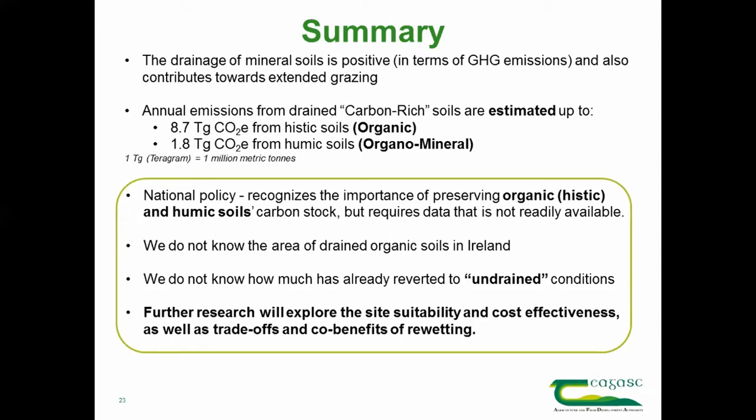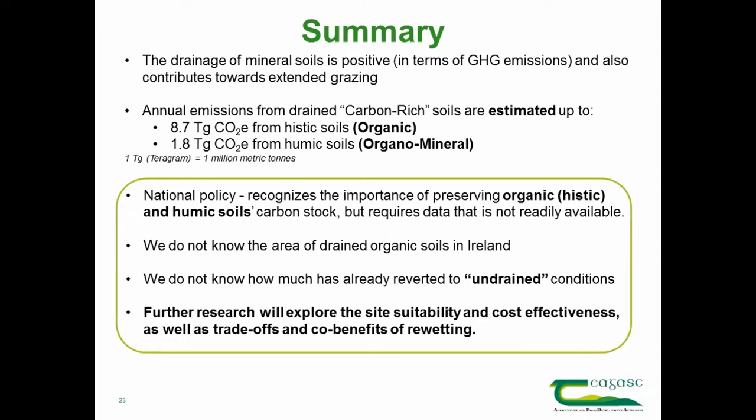So you can see even there, if you take the headline figures, the organics are a lot more troublesome in terms of the emission rates. This is from the Paul paper again, and it's an outer limit, but it is potentially what the potential is if all these soils were effectively drained.